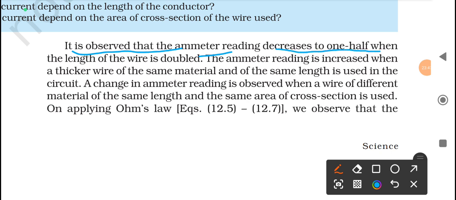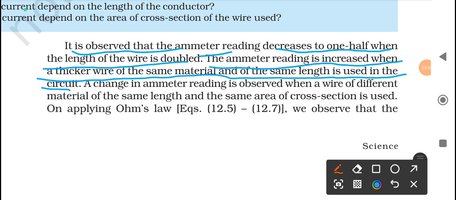It is observed that the ammeter reading decreases to 1/2 when the length of the wire is doubled. The ammeter reading is increased when a thicker wire of the same material and of the same length is used in the circuit.